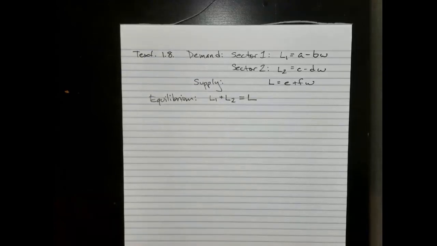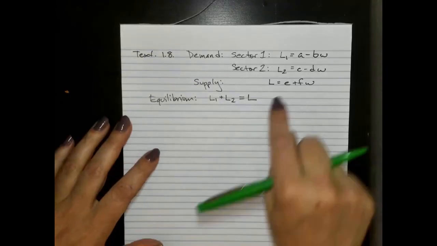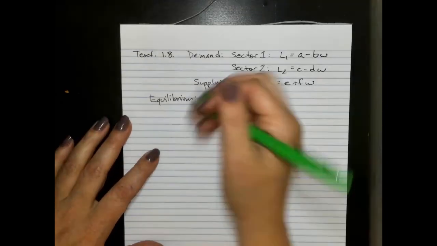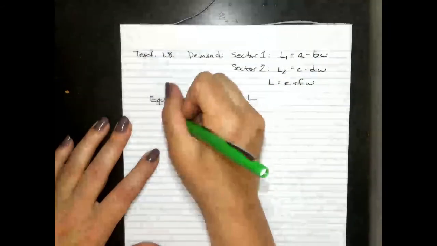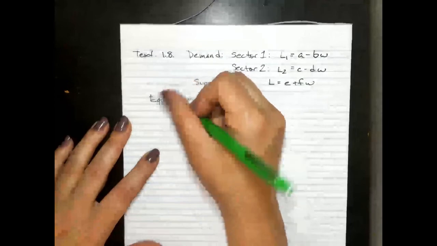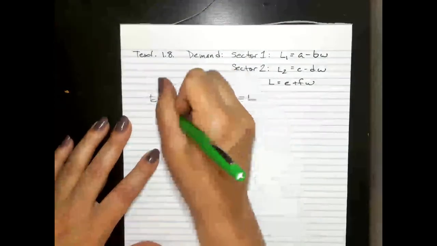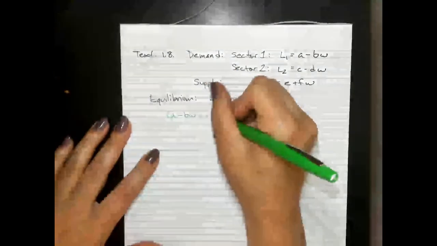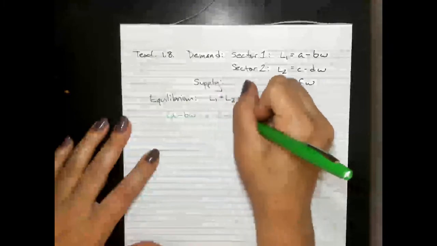So I'll start by setting L1 plus L2 equal to L. So A minus BW plus C minus DW equals E plus FW.